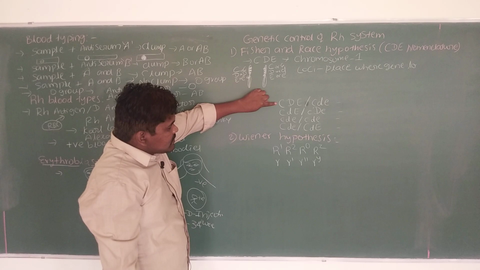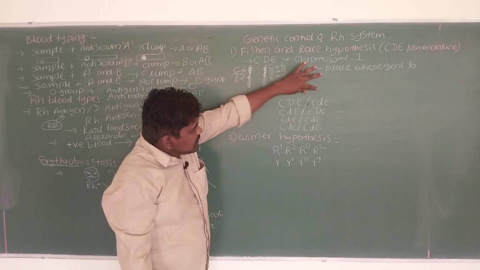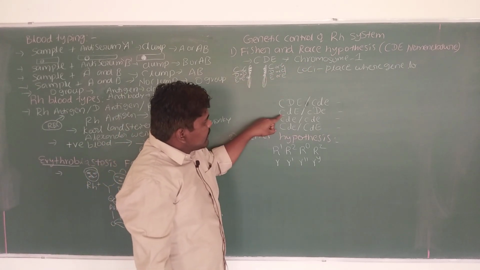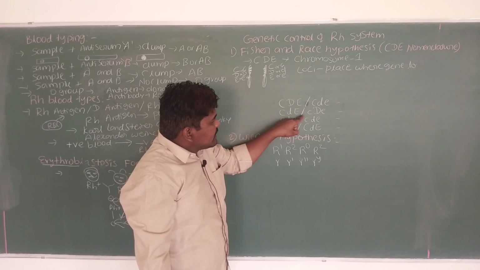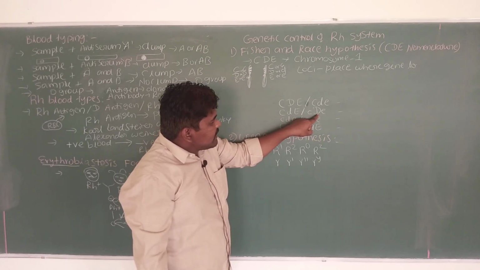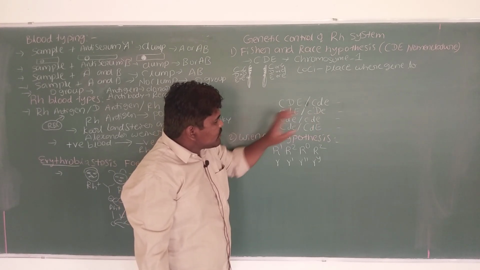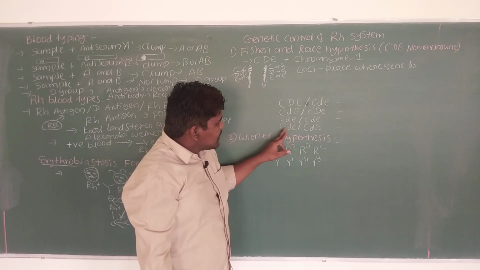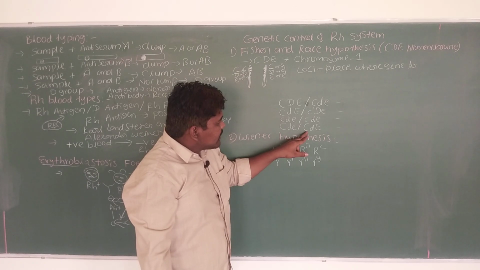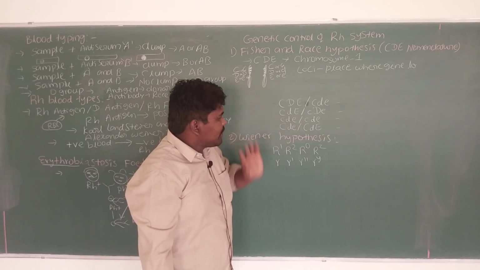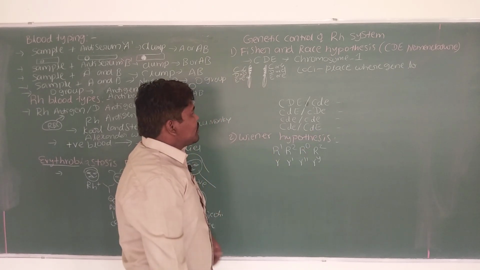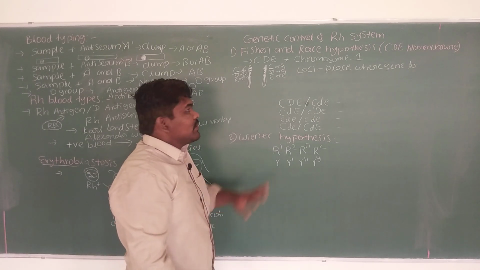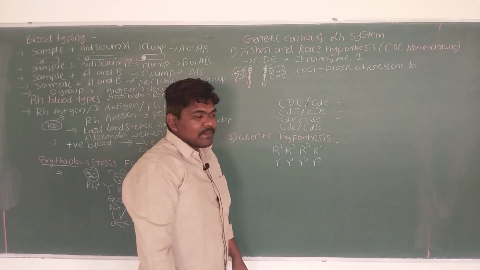These are the genotypes: capital CDE, small cde, capital C, small d, capital E, next small c, capital D, small e, small cde, capital C, small d, small e, capital C, small d, capital E. These are the possible genotypes which are formed by these 6 alleles.